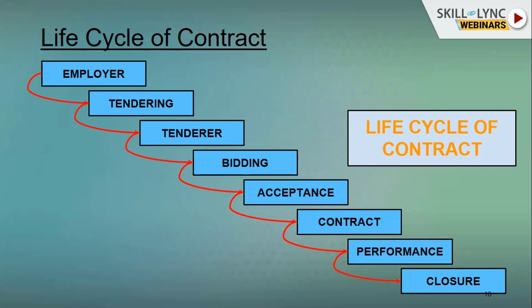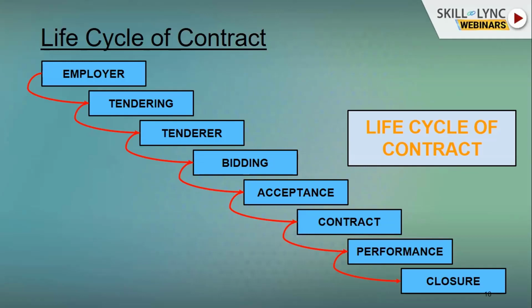Then the major step is the acceptance. Acceptance of a contract by an executor is a major point where the contractor or executor accepts every detail of the tendering, including technical and commercial, and is now bound to do the job as per the tender for the employer till completion.